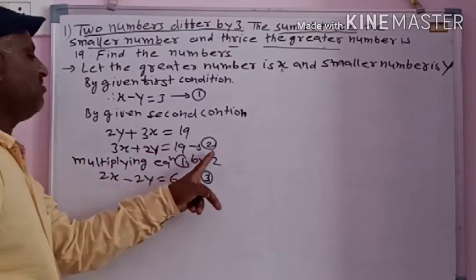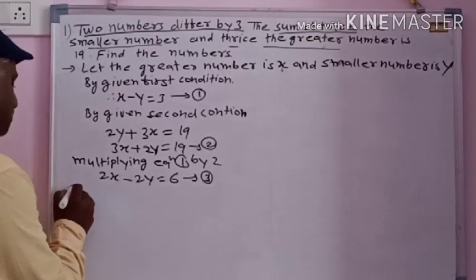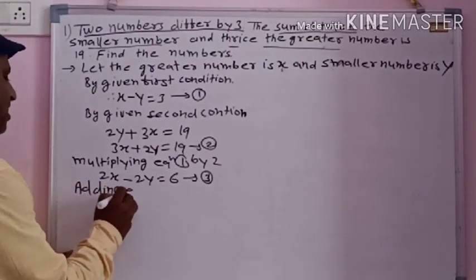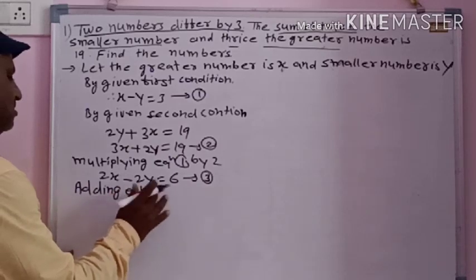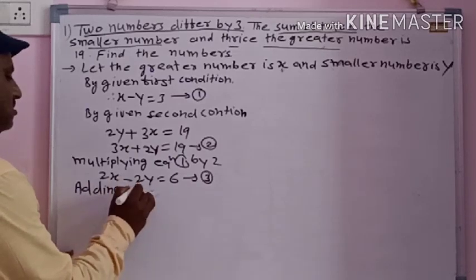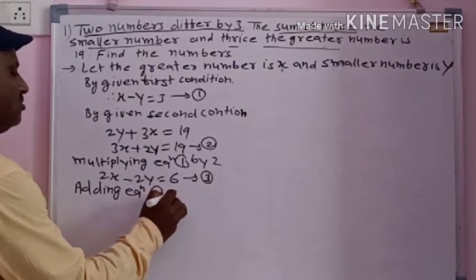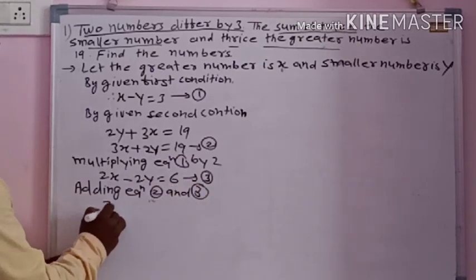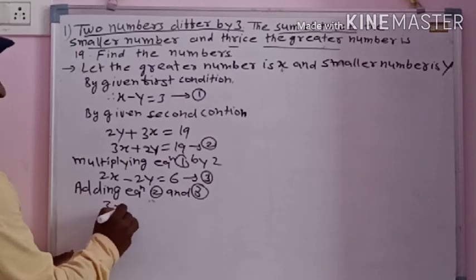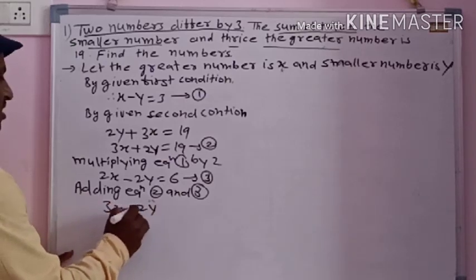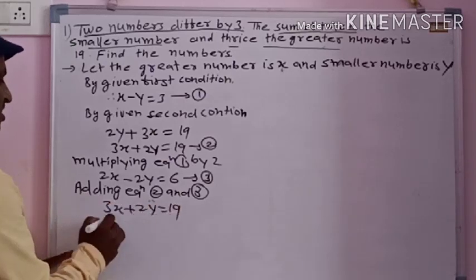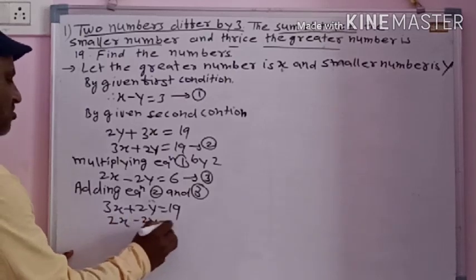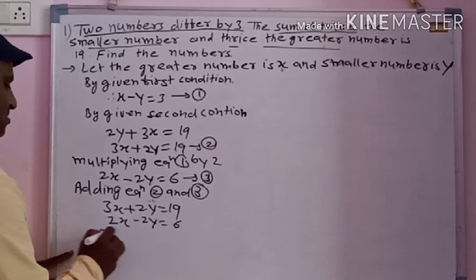Therefore, adding equations 2 and 3: 3x plus 2y is equal to 19, and 2x minus 2y is equal to 6.